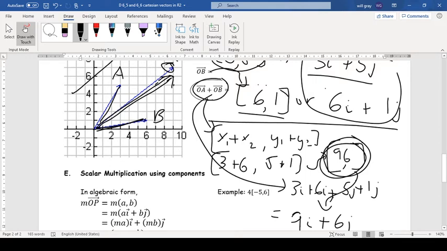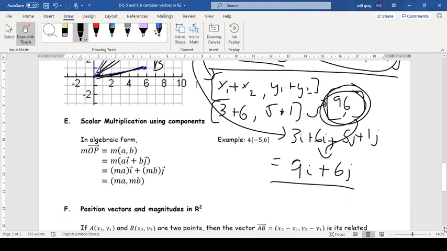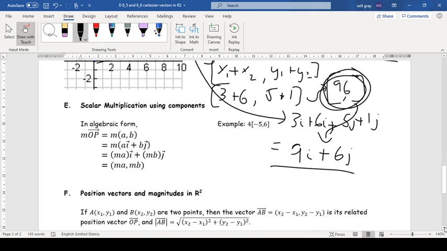Now, the last thing we want to talk about is scalar multiplication with vectors in an XY axis scenario.